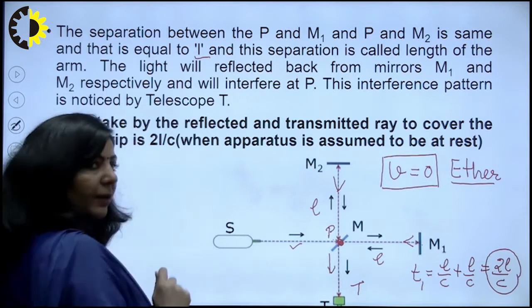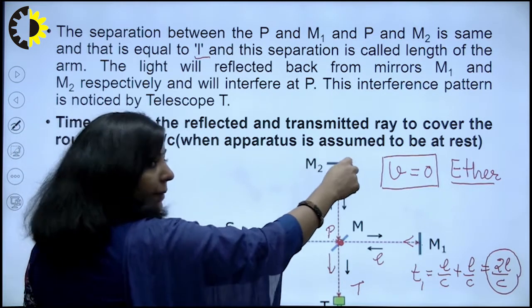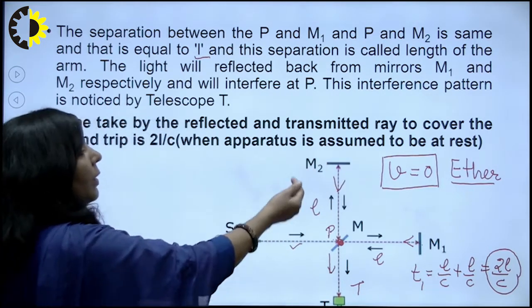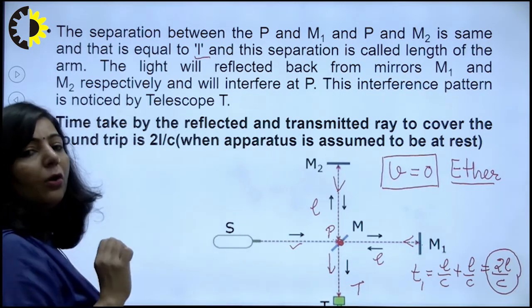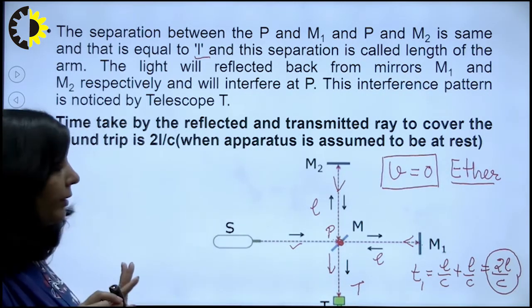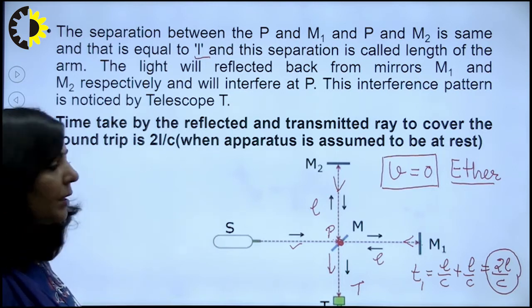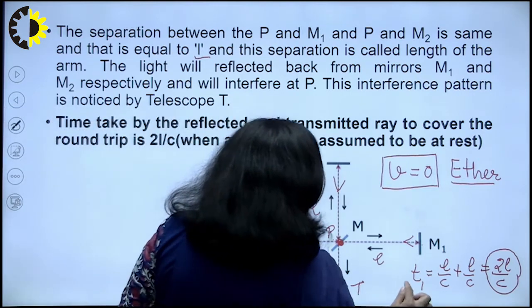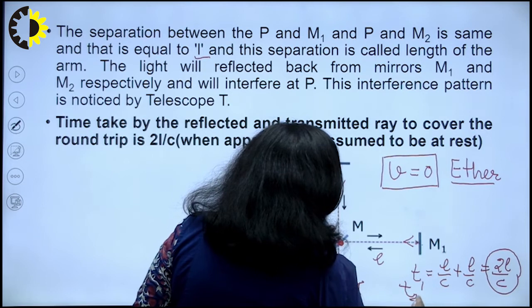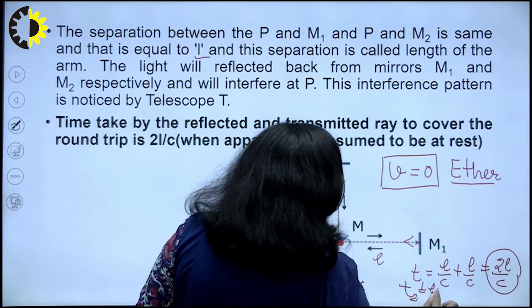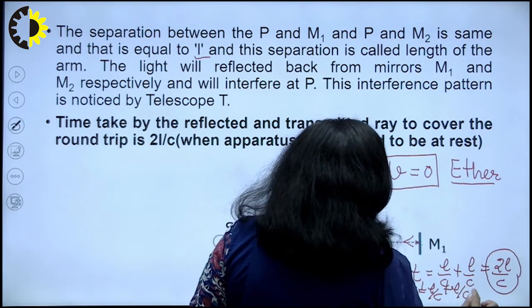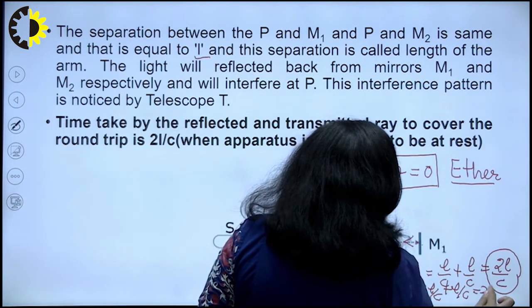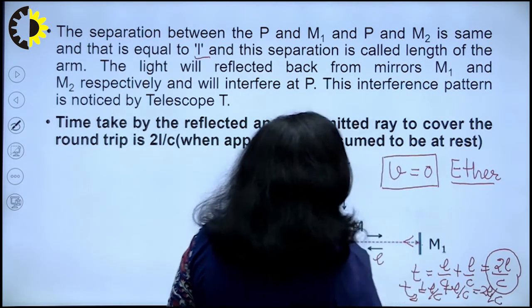Time taken for the backward journey, when reflected by the front surface of mirror M2, it will come back, and again it will cover a distance L with speed c. It means that T2 is the time for this ray. For the forward journey it is L by c, and for the backward journey again it is L by c. So what is the total time taken? It is 2L by c.